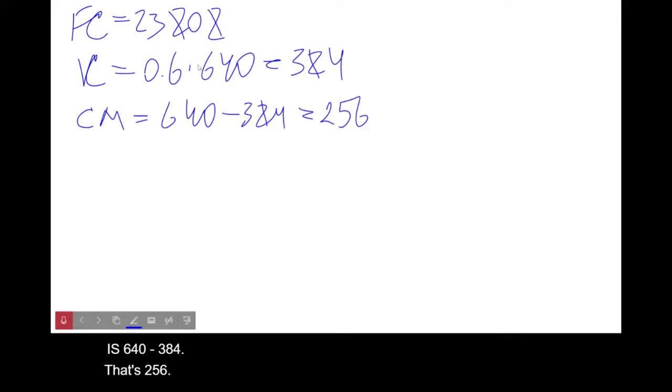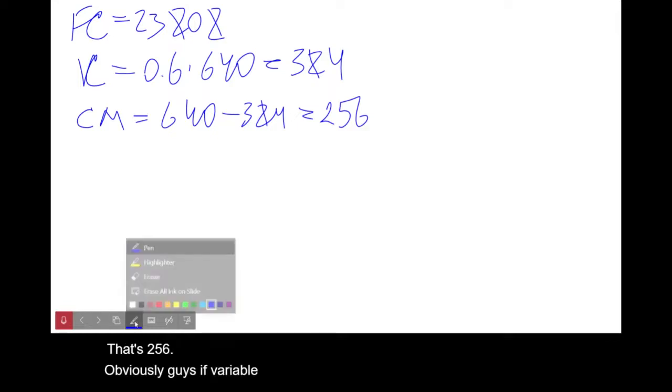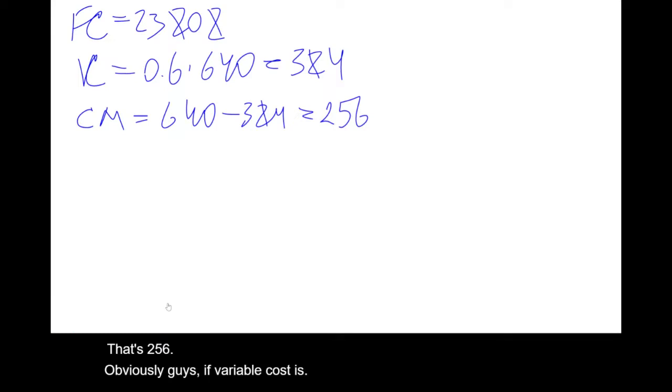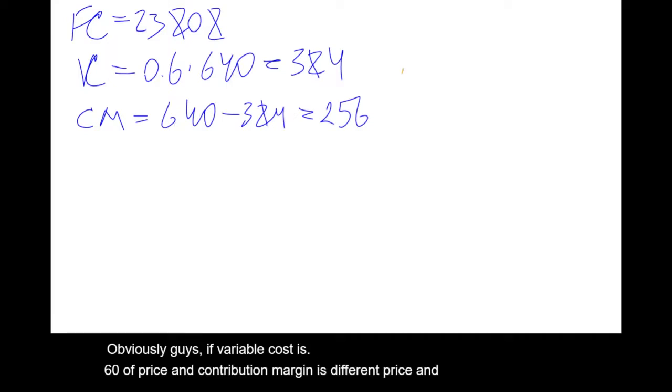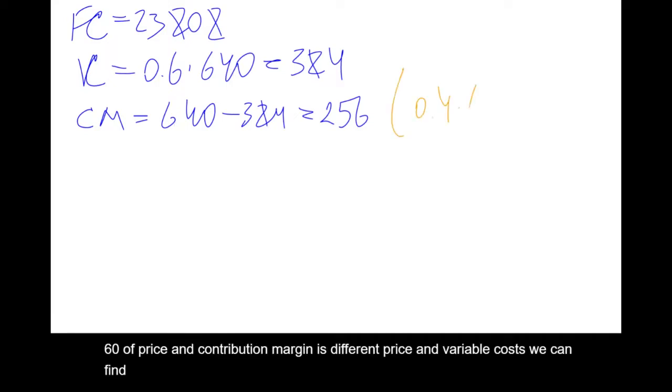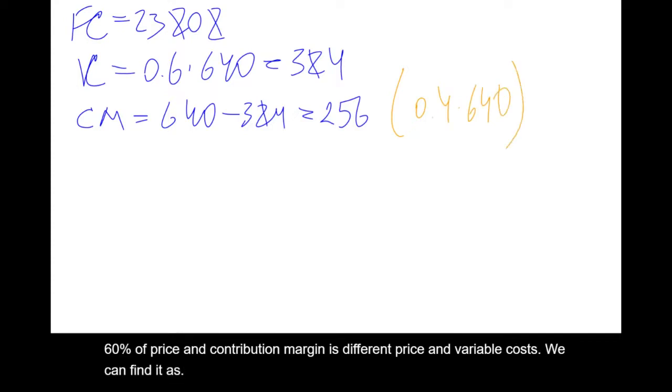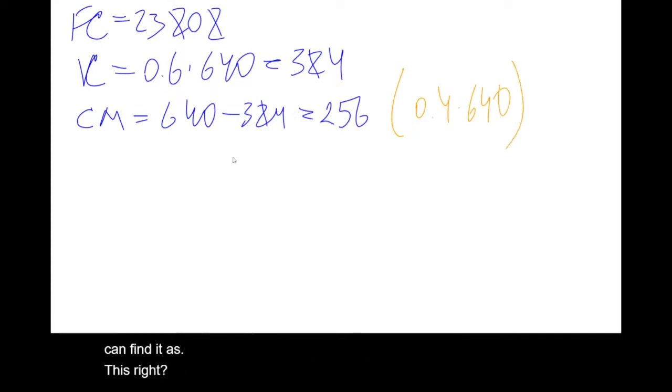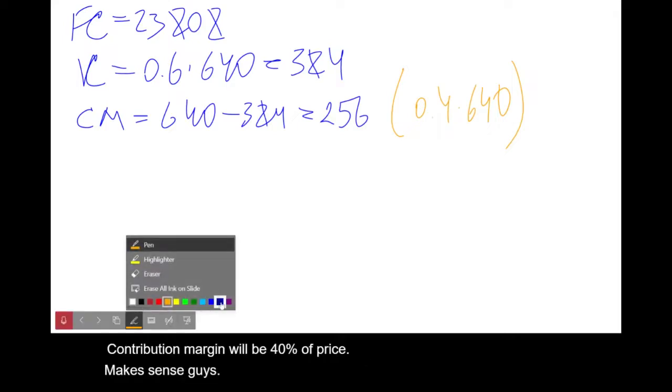Obviously, guys, if variable cost is 60% of price, and contribution margin is the difference between price and variable cost, contribution margin will be 40% of price. Make sense, guys? Yes or no?